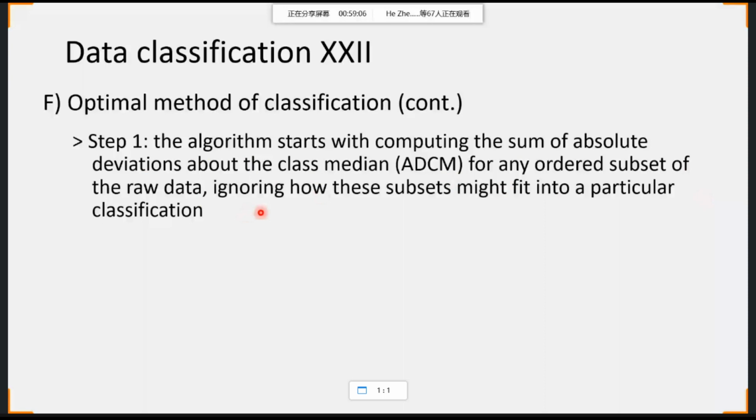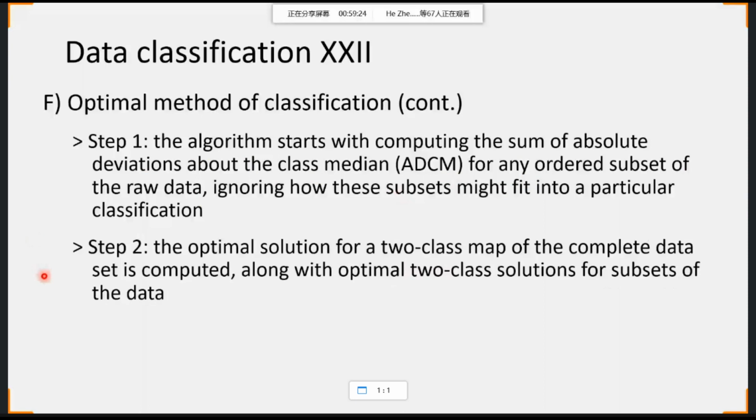We take some of the data values, some ordered subsets, and compute this ADCM for them. Then in the second step, the optimal solution for a 2-class map of the complete data set is computed. So we think just about the 2-class map.